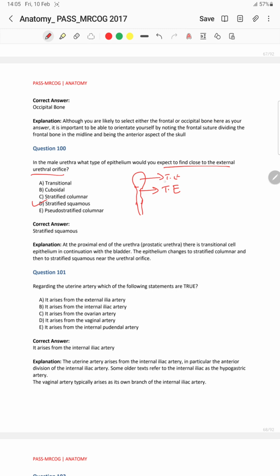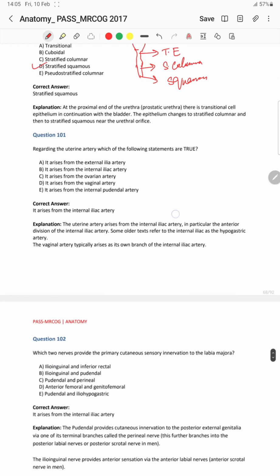Then it changes into stratified columnar, and then to stratified squamous near the orifice. So the correct answer is stratified squamous.